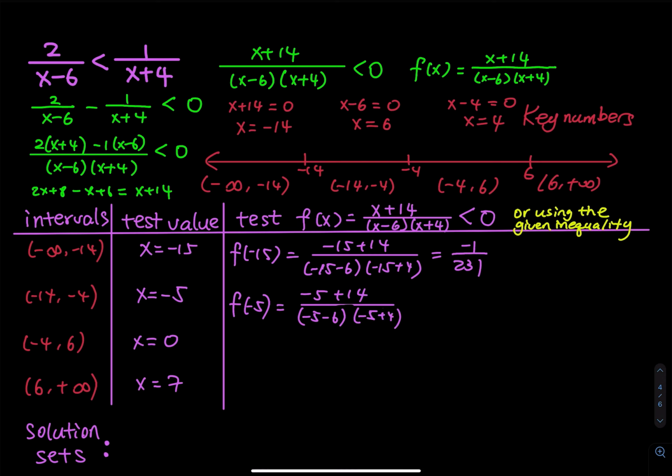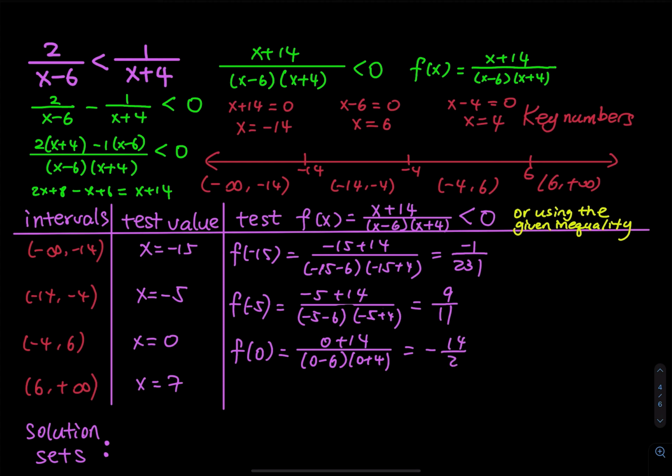So we have two negatives in the denominator and a positive on top. So at the end, this will be a positive. The last values should be easy as well.